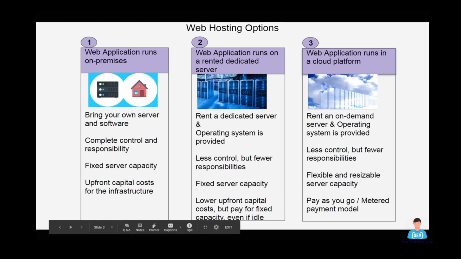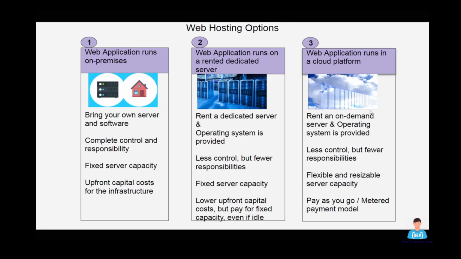All right. So now let's consider the third option, which is renting a server, or in other words, an on-demand server from a cloud provider. And the most important part in this option is its on-demand feature. This on-demand server can give you flexibility, and also it can give you a resizable server.